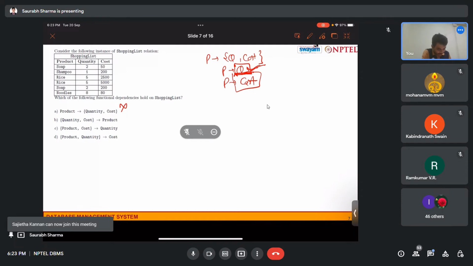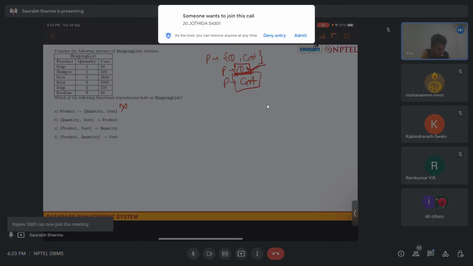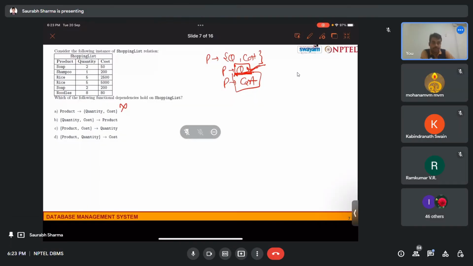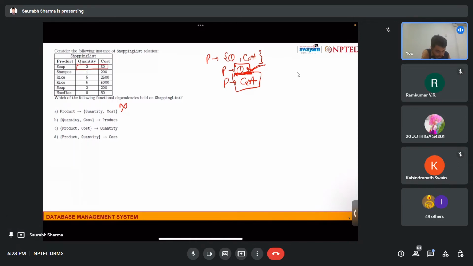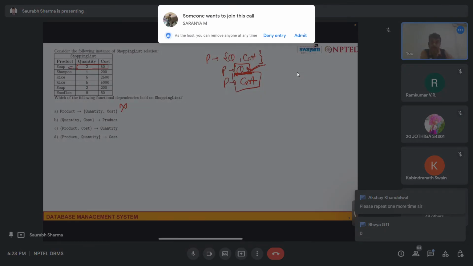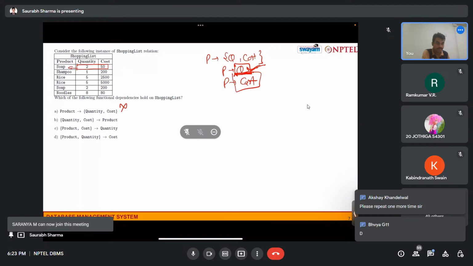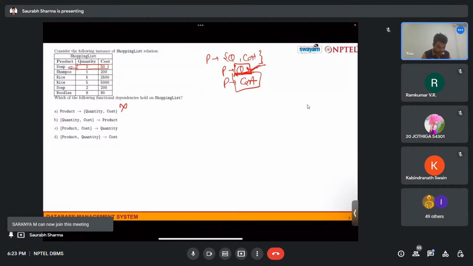Please join on time. Next there is quantity and cost. If we are taking it collectively, it should determine the product. Let's see. If quantity is 2 and the cost is 50, there is I think only one option, that is soap. Then if there is quantity 1 and cost 200, there is only one entry, that is shampoo.